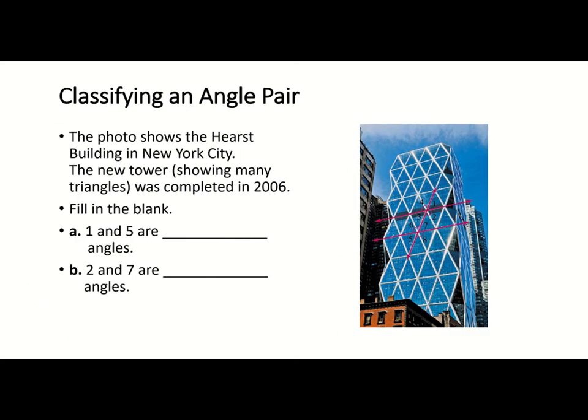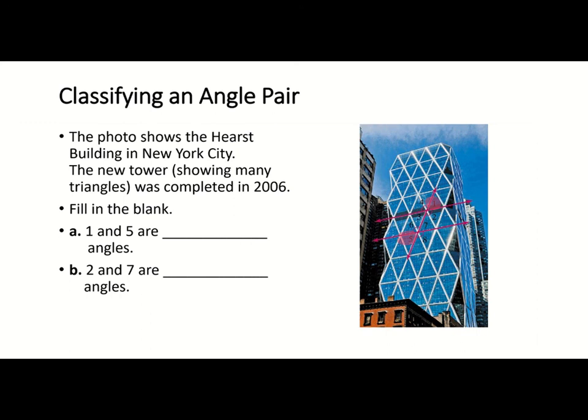All right, and our last question of this section shows a photo of the Hearst Building in New York City. It was completed in 2006. They want us to fill in the blank. Angles 1 and 5. Angle 1 is right here. Angle 5 is right here.